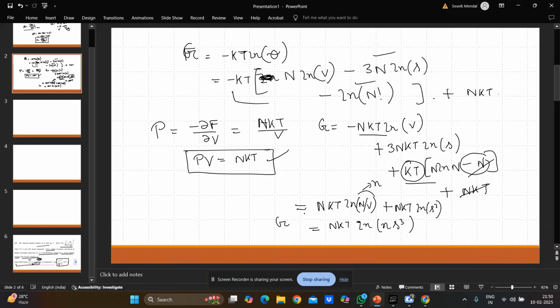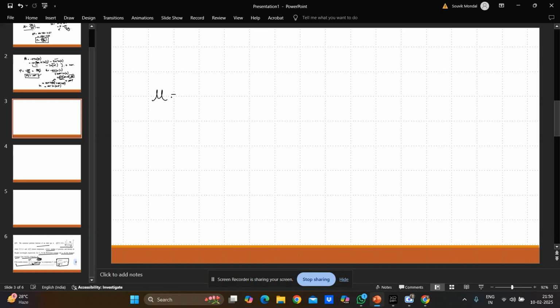This is your form of G. So it is a very simplified form. Now your job is done actually. So mu is simply del G by del N, other parameters are fixed. So it is kT log n lambda cubed. So e to the power mu, I mean, take this kT on this side, so mu by kT, and exponentiate both sides.